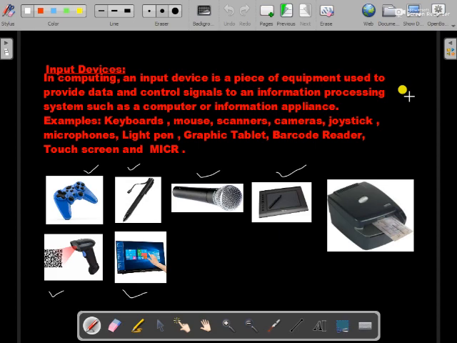Examples of input devices are keyboards, mouse, scanners, cameras, joysticks, microphones, light pen, graphics tablet, barcode reader, touchscreen and MICR.